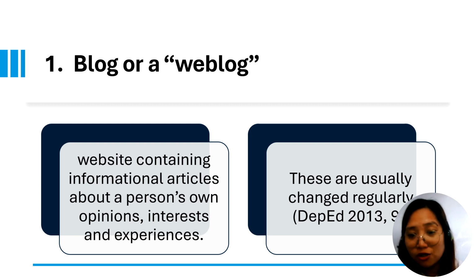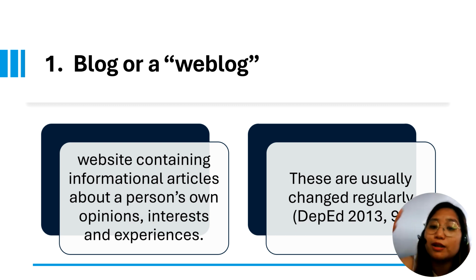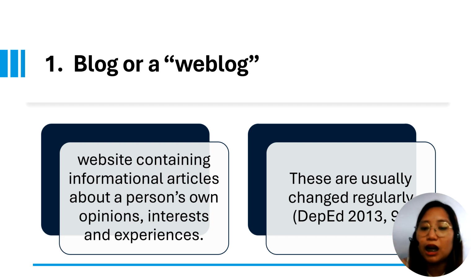This is a non-fiction genre, and it tackles more about your opinion and interest as a writer. So these are usually changed regularly according to DepEd 2013. So just like traditional literary pieces, blog or weblog also evolves itself. As time goes by, it depicts again the period of time where it is being used and represented.